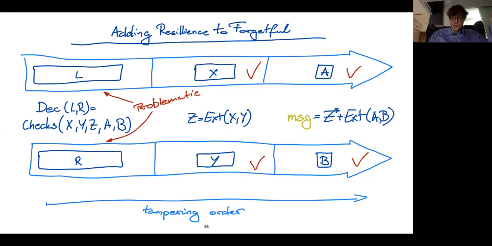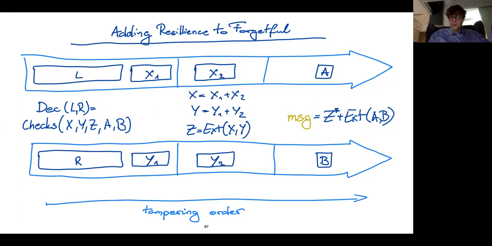So the idea is quite simple. Let's split x into x1 plus x2 and y into y1 plus y2. And yeah, let's spread them this way. And now if I forget the first part of the memory, so I forgot L and x1, that means I forgot x, that means I forgot z star, I forgot the message.